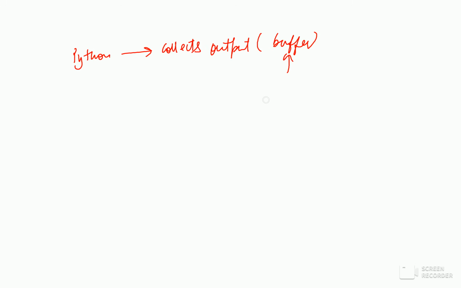This is a temporary holding area in memory, and then Python sends it to the screen all at once when the buffer is full or when the program ends.